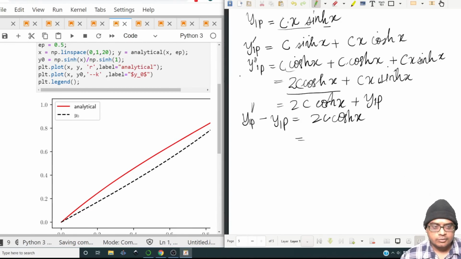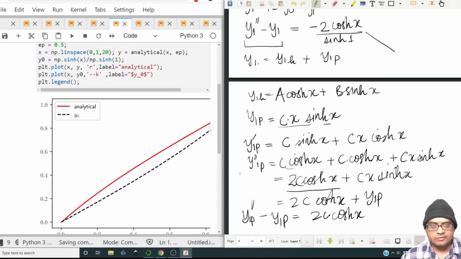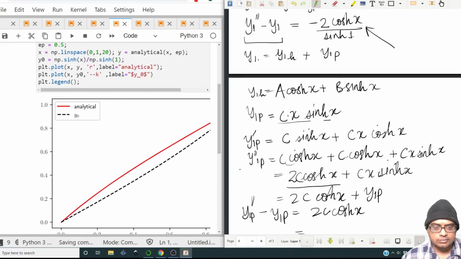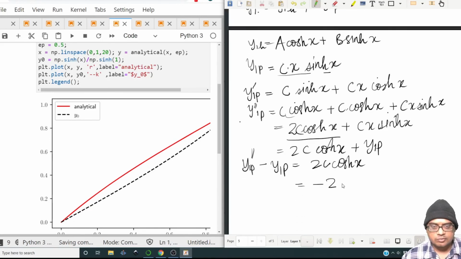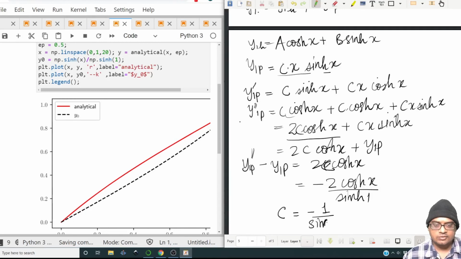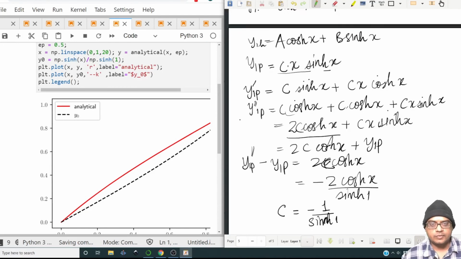But we already know that the particular solution has to satisfy this. It is minus 2 cos hx upon sin h of 1. Equating these two, we get an expression for c. So c is equal to minus 1 upon sin h1. Great.